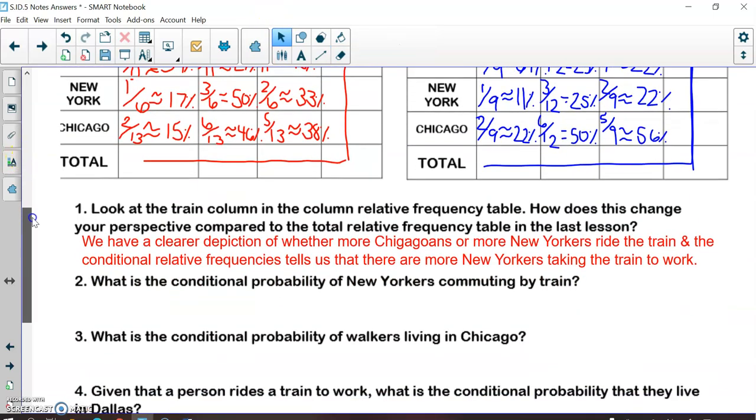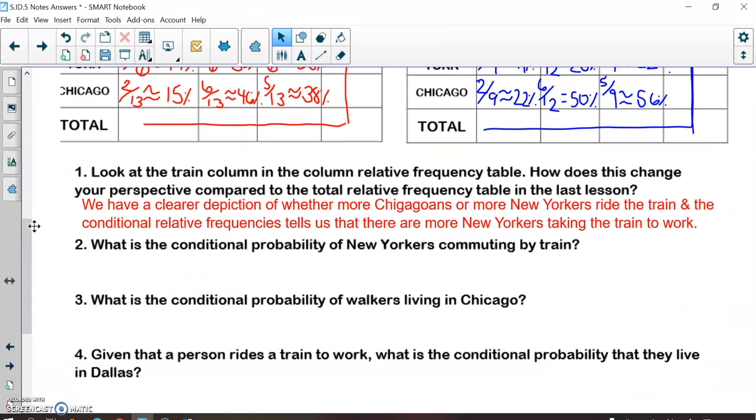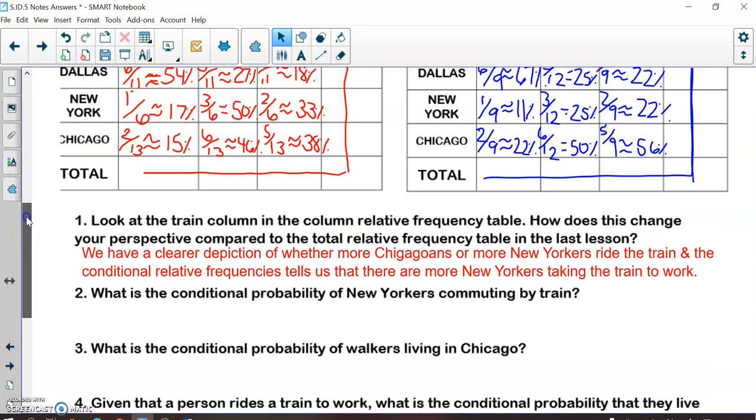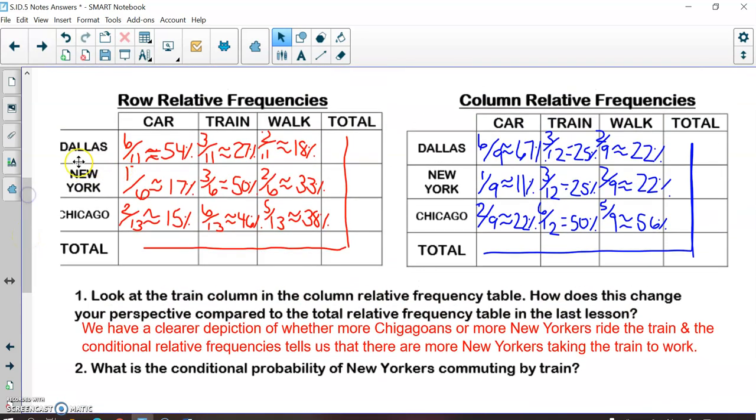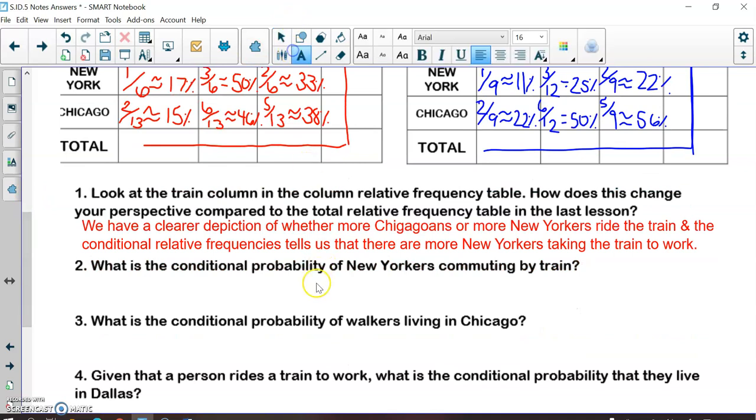So moving on to number 2, it says, what is the conditional probability of New Yorkers commuting by train? So we are looking at, out of all the New Yorkers, so right here, how many commuted by train out of all of these New Yorkers? Well, 3 out of 6 New Yorkers commuted by train. That is 50%.